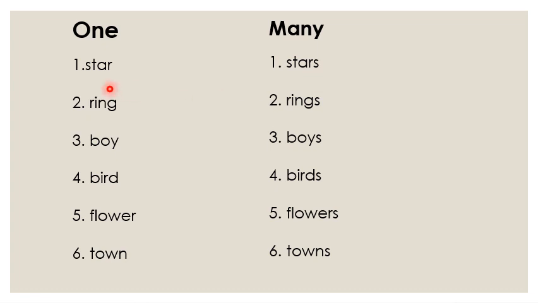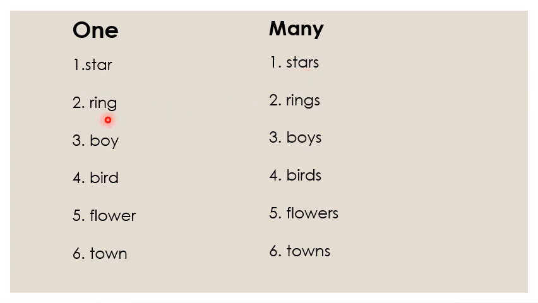See the first word: star, S-T-A-R, star. How does it become many? By adding S to the end of the word. So I'll write it: S-T-A-R-S, stars. One star, many stars.